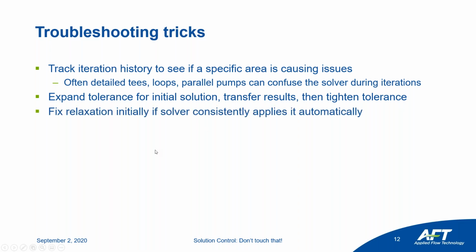To speed up solving, similar to transferring results, we can fix relaxation, especially if we see that the solver progress window is applying it automatically, regardless of what changes you make each run. So it's not necessarily a bad thing with relaxation. It just means the solver's caught in a loop. If relaxation can help it get out of that loop, then that's why we approach it that way. And by reducing it automatically, we avoid that false convergence.